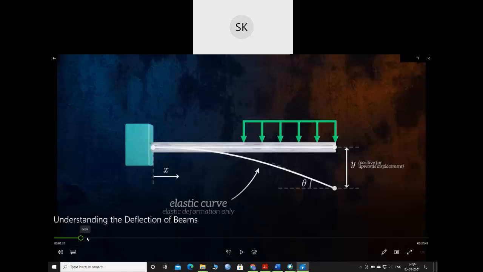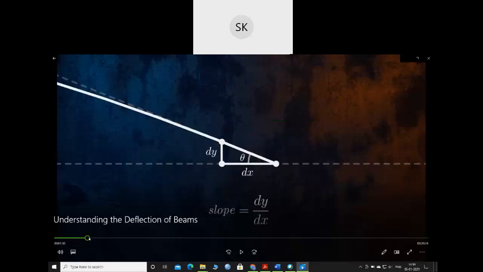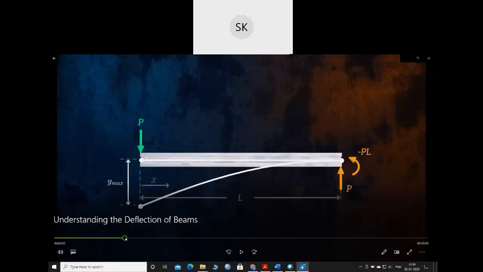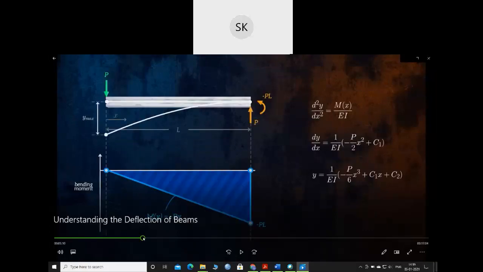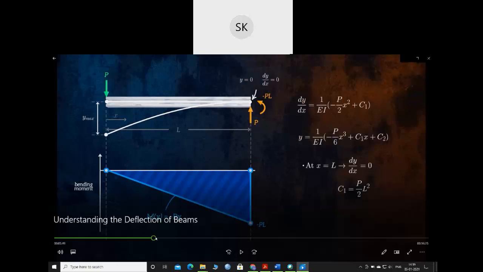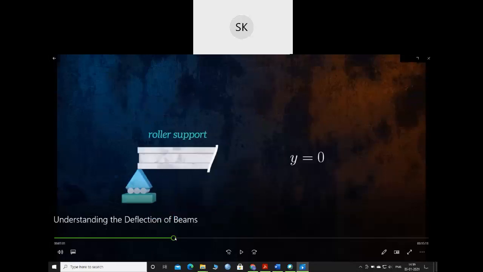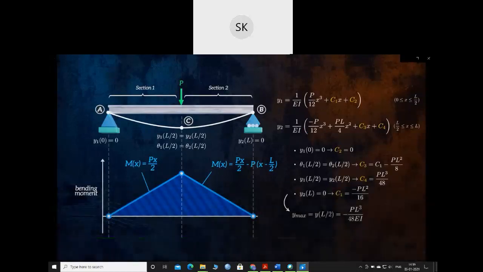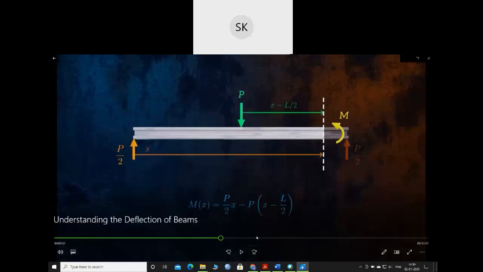So in this video, they have discussed the deflection of beams by 5 different methods. This is the moment curvature equation. First you have to find the equation for bending or the deflection equation, then differentiate with dy by dx, and with the help of that you have to find the deflection and radius of curvature of the beam, right?